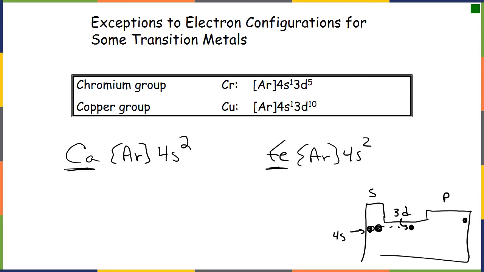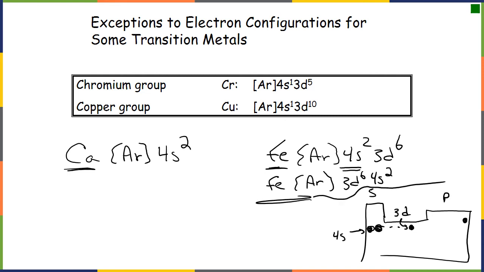It is going to be 4s2 3d6. Our rules still apply, which is the largest quantum number corresponds to our valence electrons, and we are going to rearrange. And when we rearrange this, we say that our iron is [Ar] 3d6 4s2. And we can do that for pretty much all of our transition metals. So we've got a few weird exceptions.